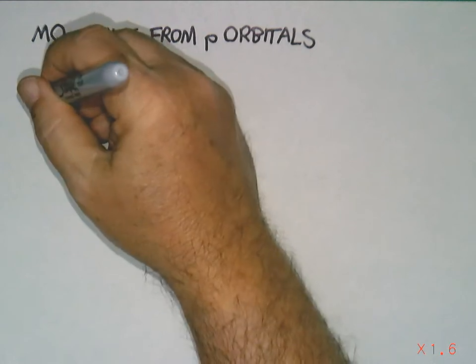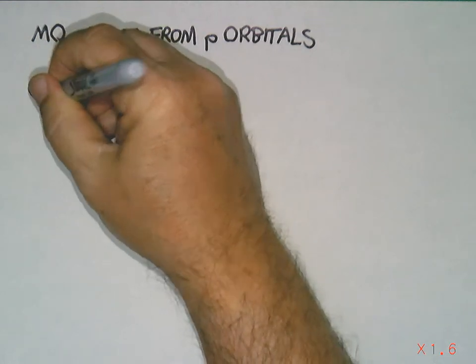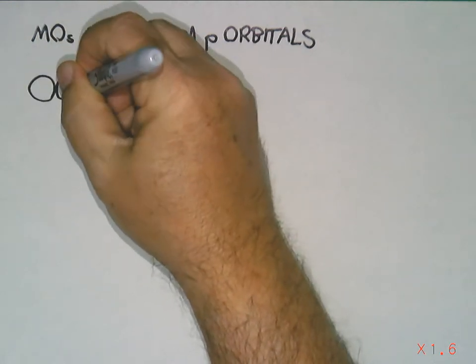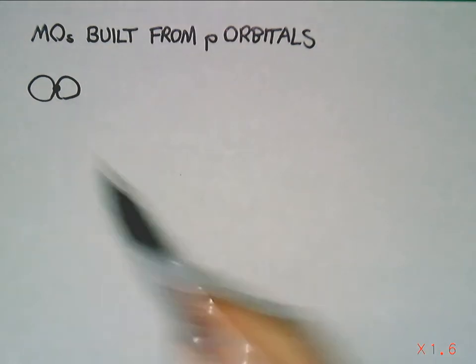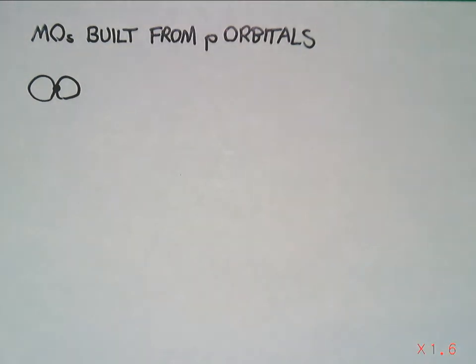Here is a p orbital on an atom. The nucleus of the atom is where that dot is. And here is a p orbital on another one.